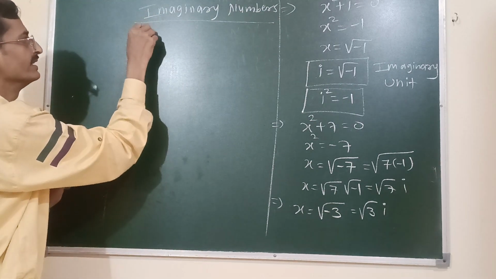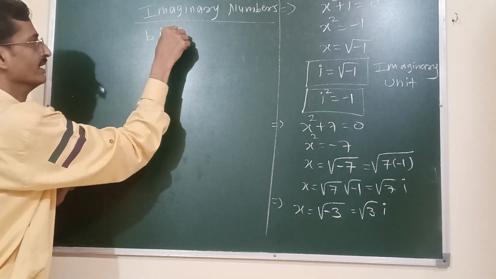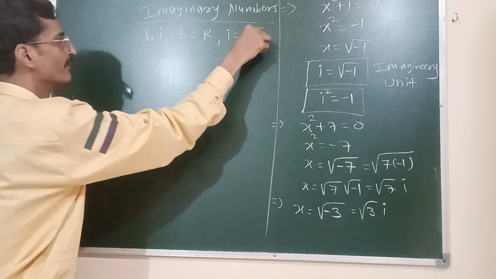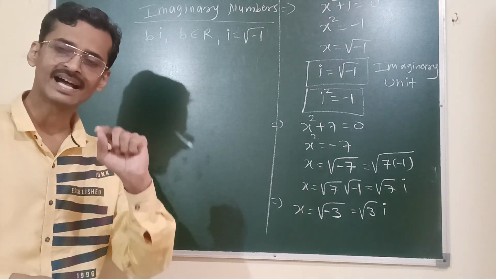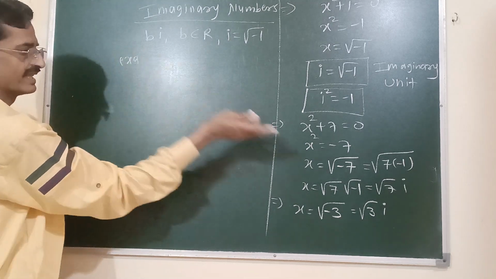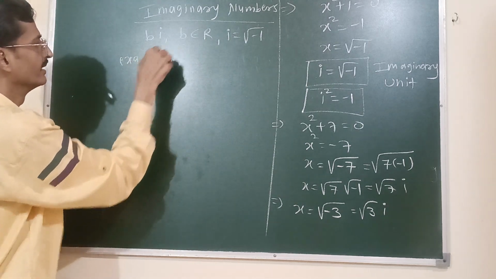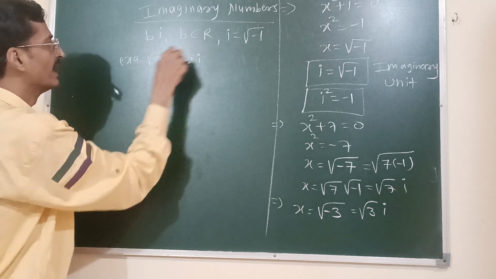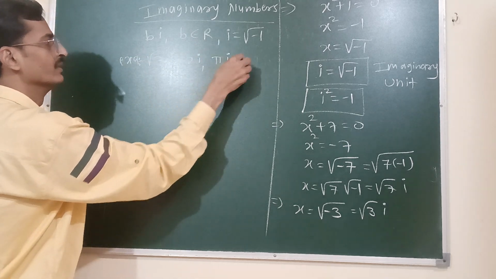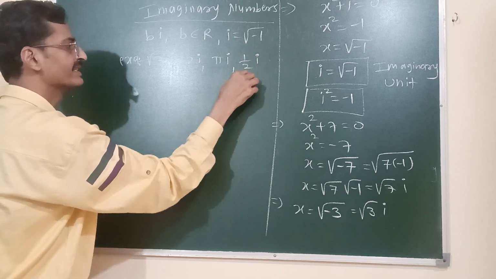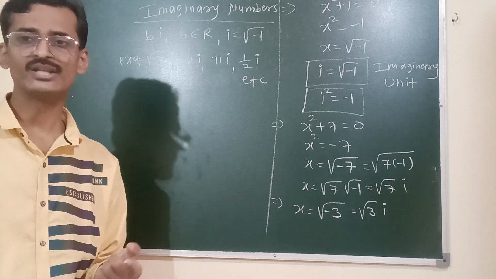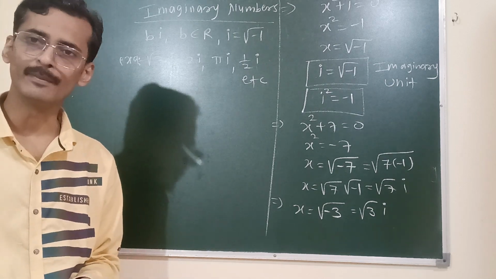Numbers which are given in the form of bi, where b is a real number and i is root of minus 1. That means i into any real number. For example, we can write root 3 i, 2i, pi into i, half into i, etc. So any real number into i is called an imaginary number.